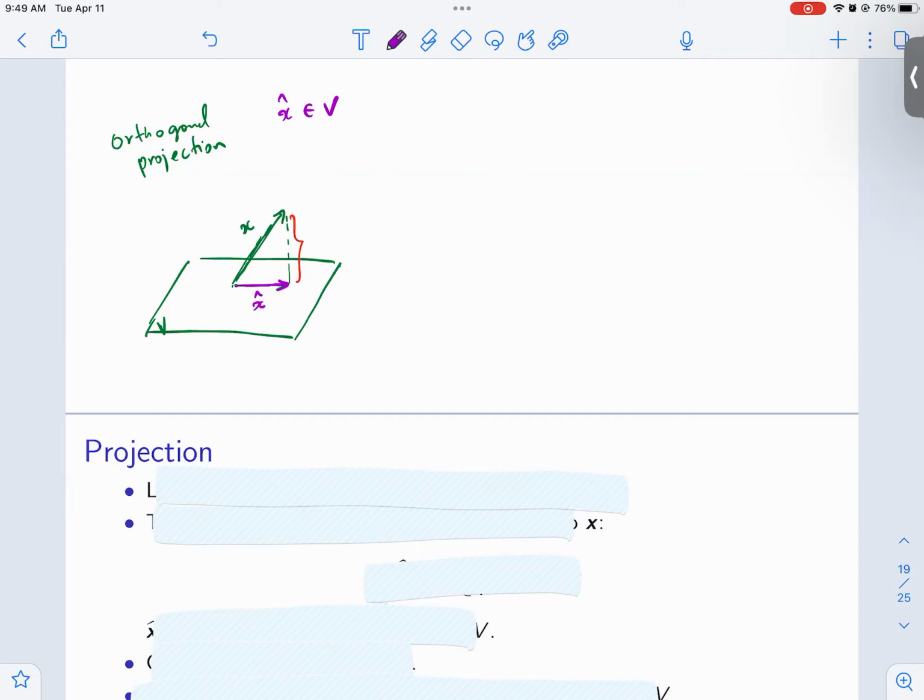We want to be as close as possible to X. So thinking of projection as approximation would help. We want to approximate X by a vector in V. So look for the best approximation.